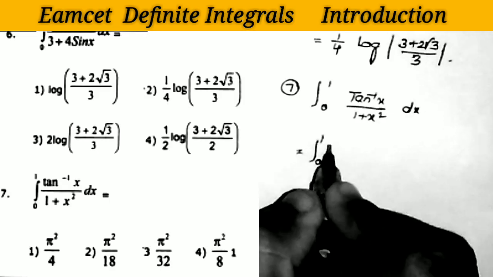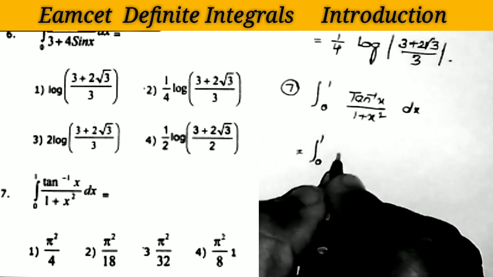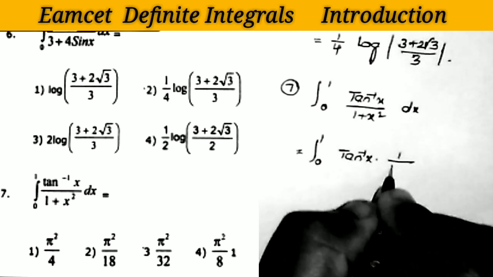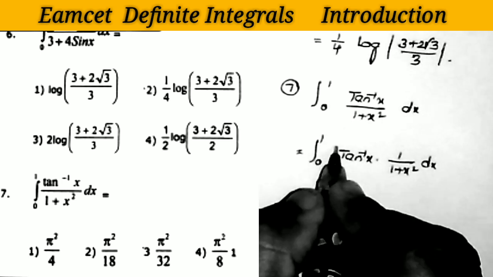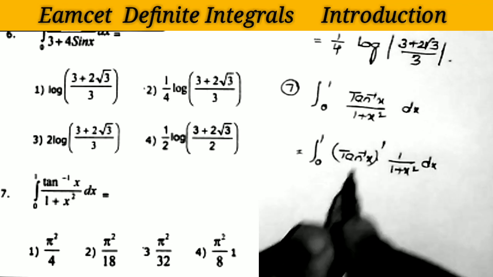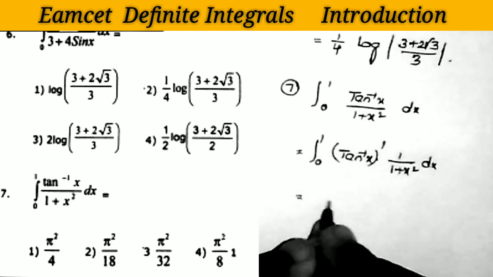That's all. Next question, sum number 7: integral from 0 to 1 of tan inverse x by (1 plus x square). So this is equal to tan inverse x into 1 by (1 plus x square) into dx, and this is tan inverse x power 1. So clearly this is in the form of f of x whole power n into f dash of x.